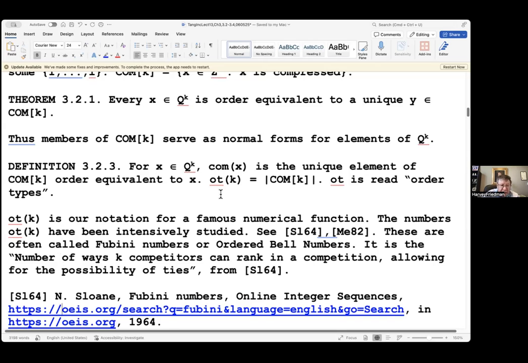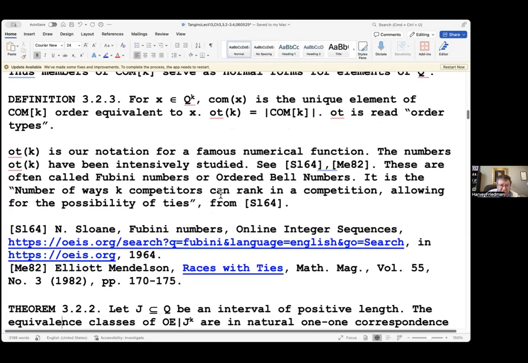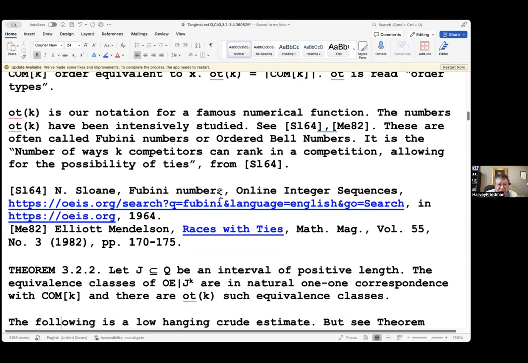OT of k is our notation for a famous numerical function. This equivalence relation, and the number of elements, is well studied, going back to Fubini. So this is a very well studied piece of combinatorics.